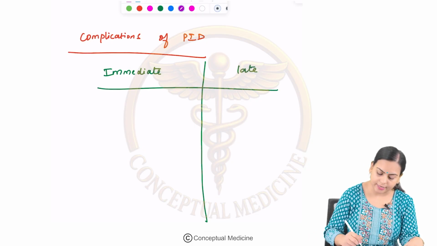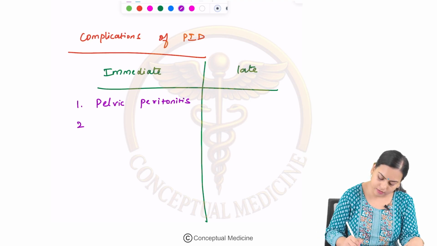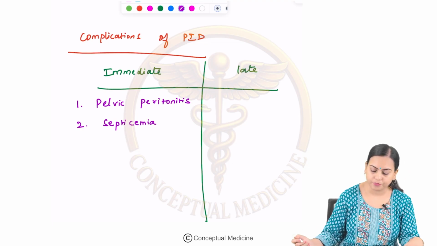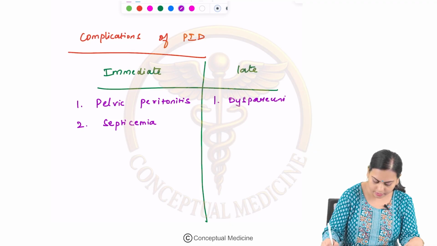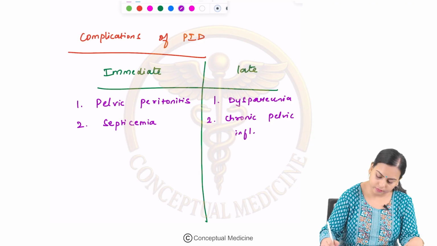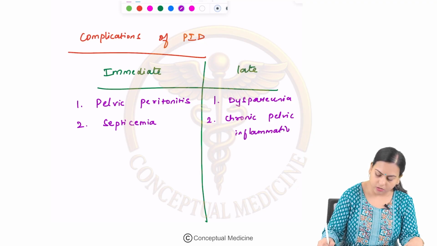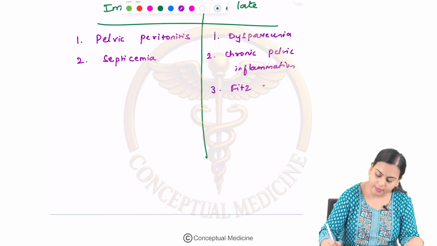Immediate complications include pelvic peritonitis and septicemia, whereas late complications include dyspareunia, chronic pelvic inflammation, formation of adhesions, that is, as I told, it can lead to Fitzhugh-Curtis syndrome.